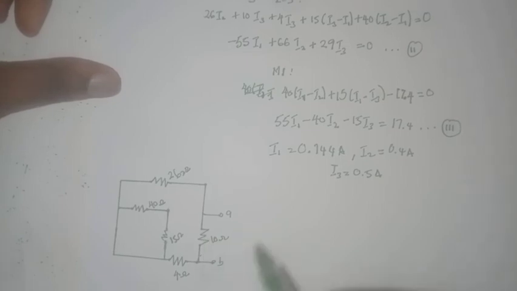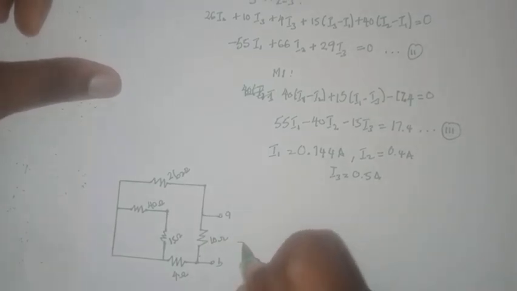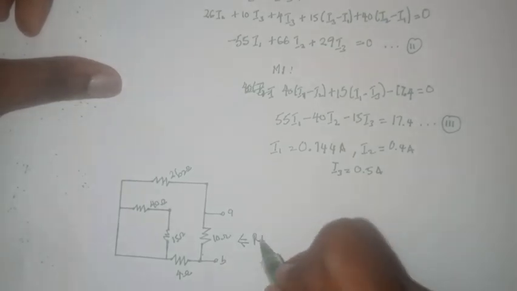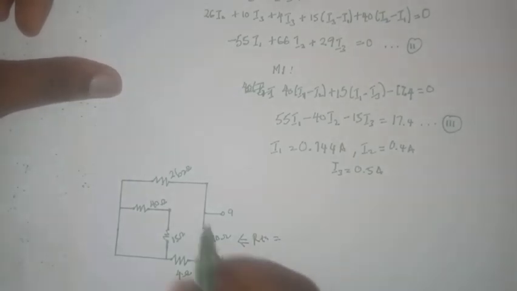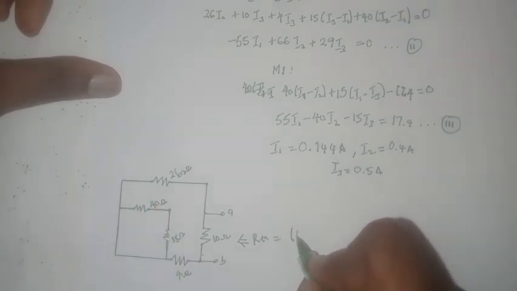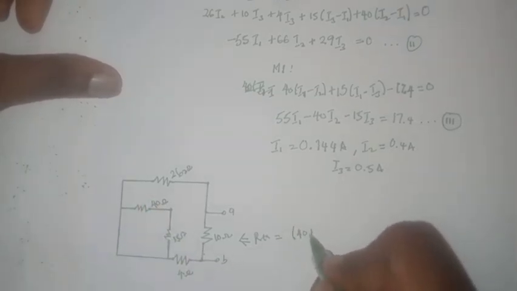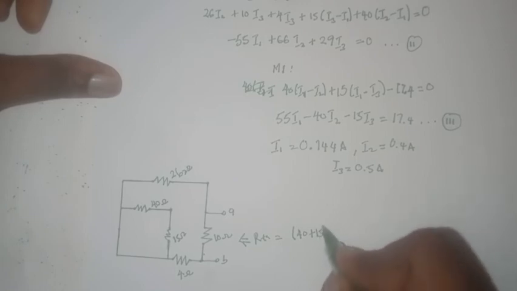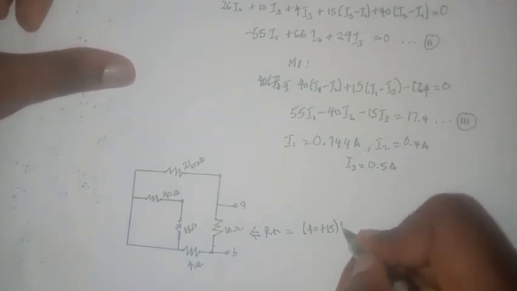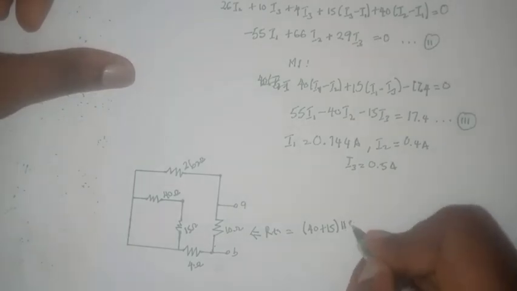Then the value of RTH should be what we will measure with an ohmmeter connected across A and B. We have these two resistors in series, so we say 40 plus 15, but then they are in parallel with a short circuit, so everything there in parallel with 0.